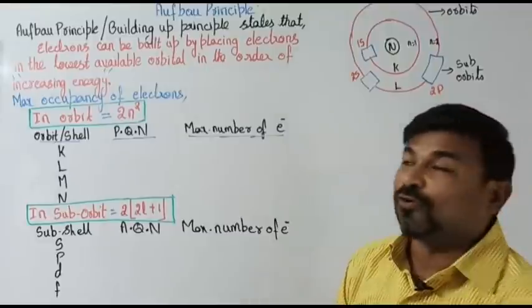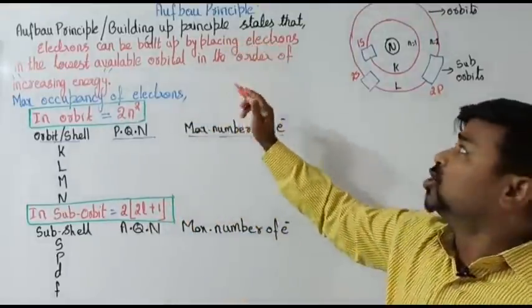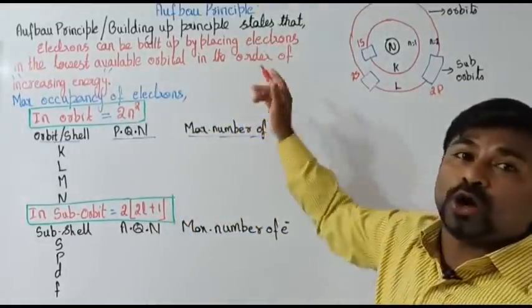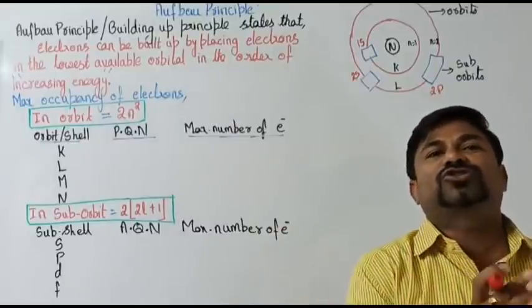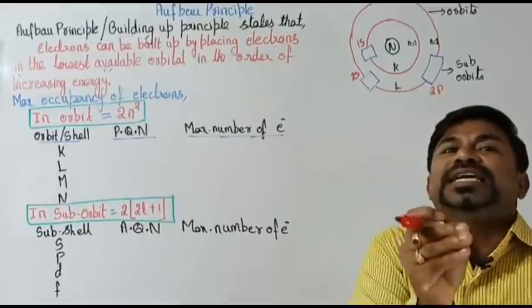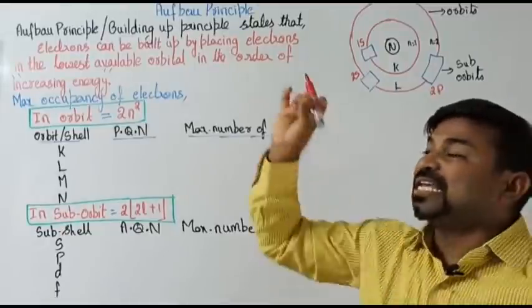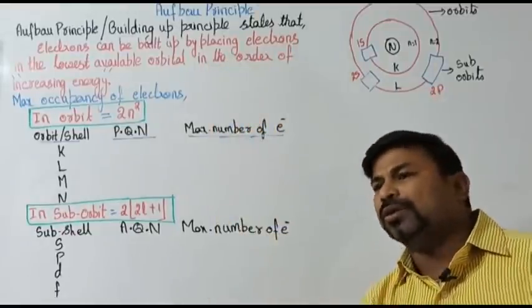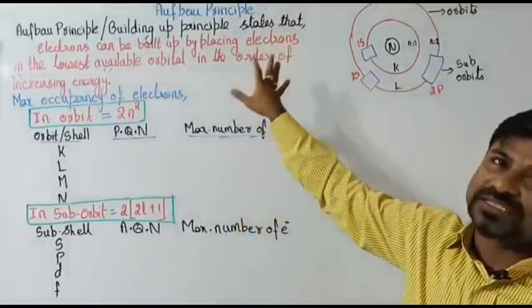What rule is it following? The order of increasing energy: the electronic configuration is filled in the order of increasing energy. That is the rule accepted here.